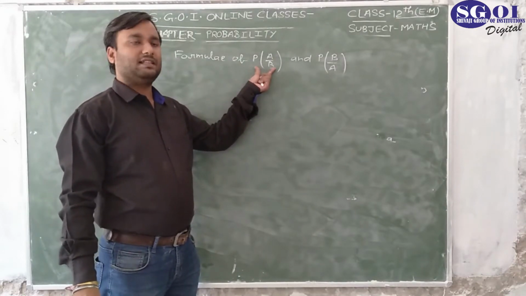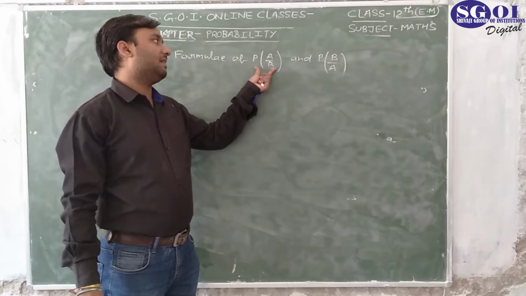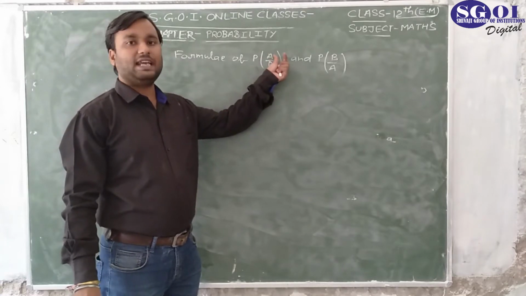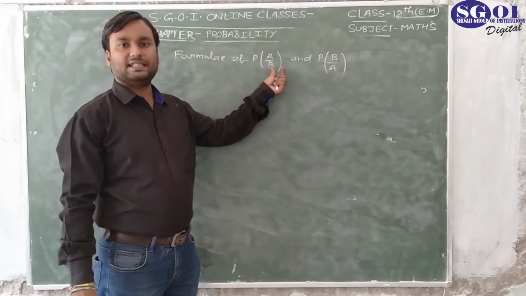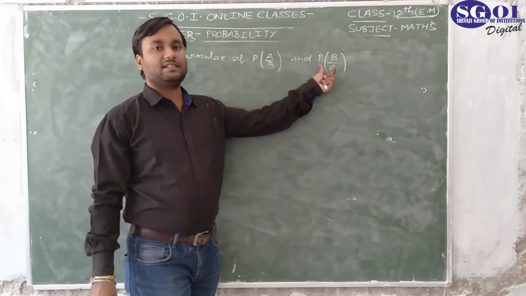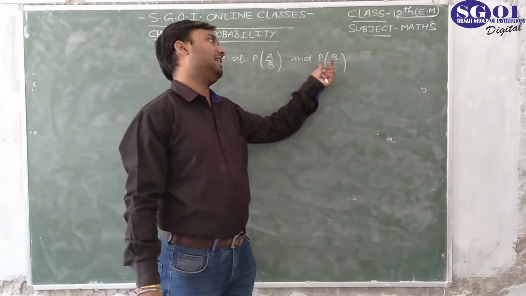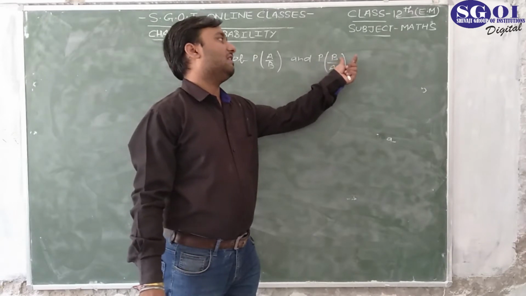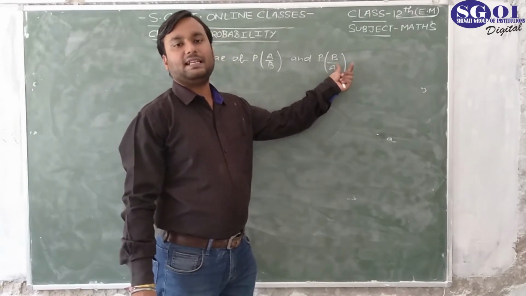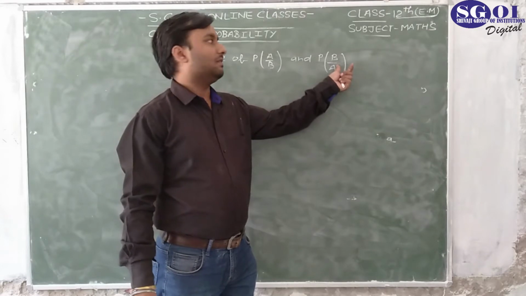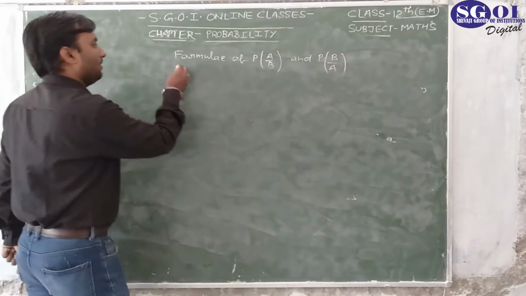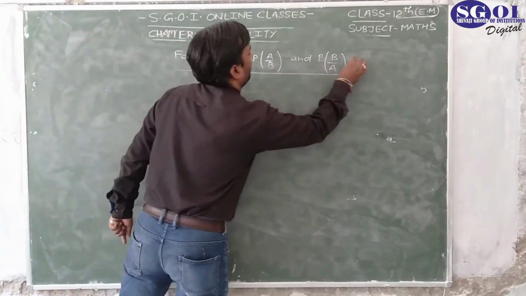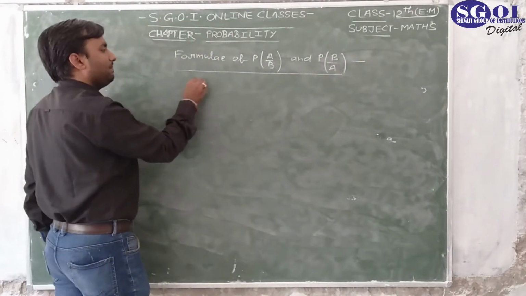This symbol means conditional probability of A when event B has happened. And this symbol is written for probability of B when event A has happened. So I think you all are understanding. So the formula of P(A|B) and P(B|A).